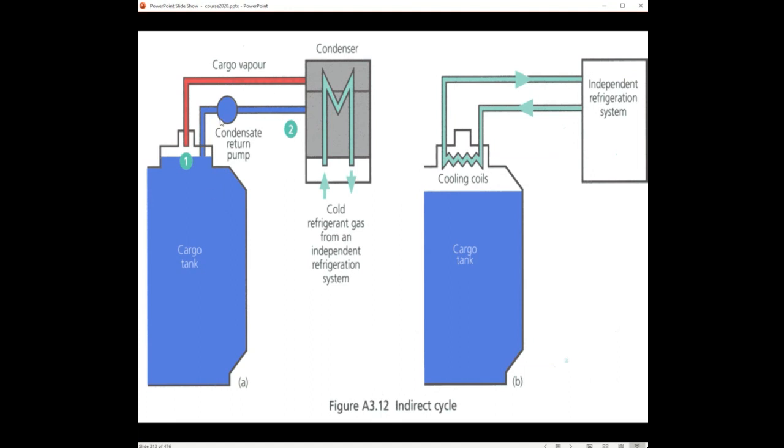Because there has been no compression, it will not go automatically back to the tank. You'll need to pump it. But everything is happening, of course, in this refrigerant system. So both are possible and are called indirect cycles, since your cargo has not been compressed. Okay.